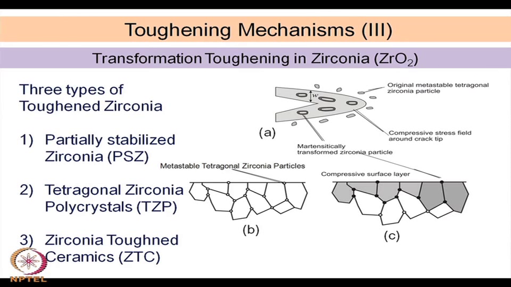One can make almost like a steel knife made of toughened zirconia. Okay. Paper cutting knives, scissors, many things are available with toughened zirconia. Of course, toughened zirconia grinding balls, grinding media are also there. So, they are quite tough, and at the same time hard.